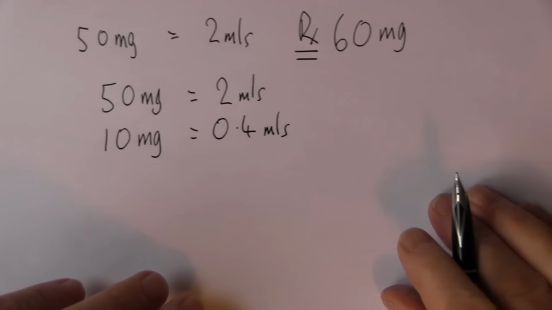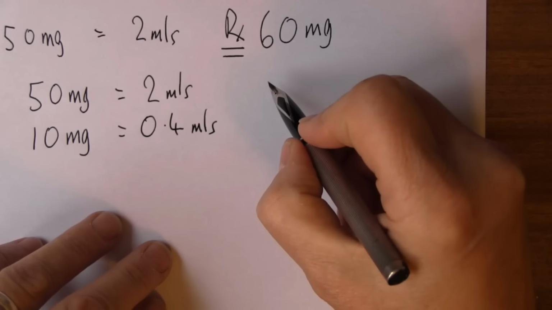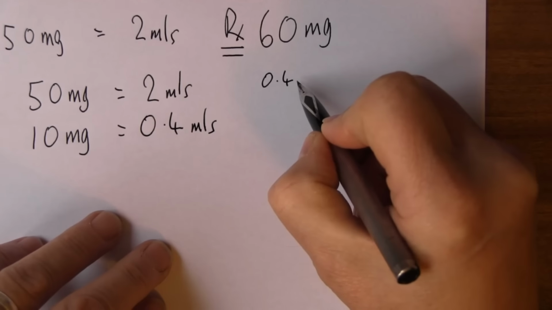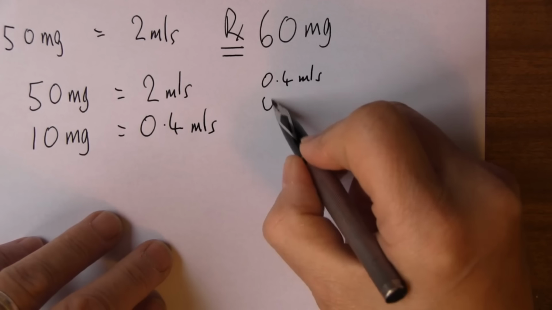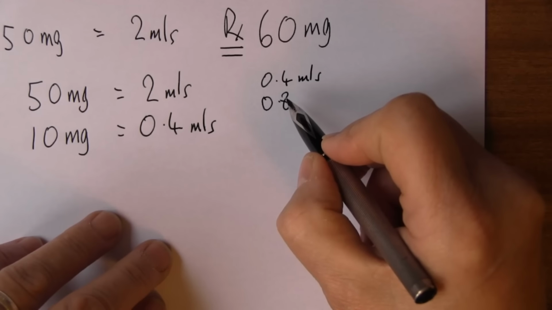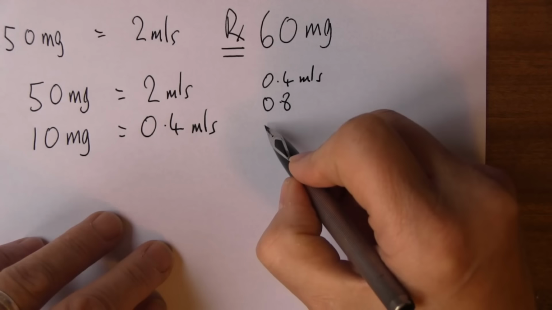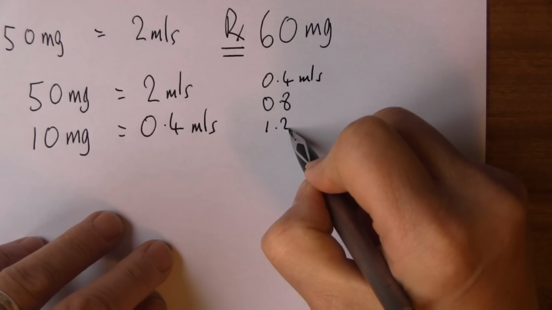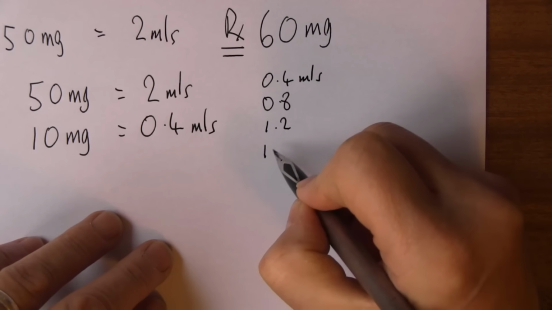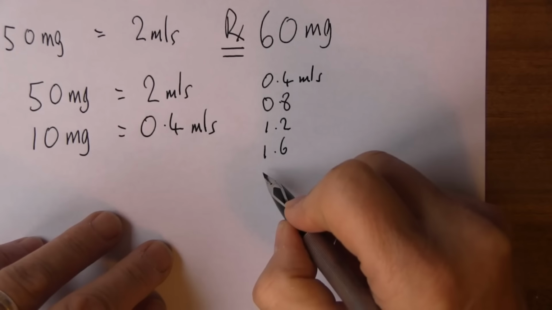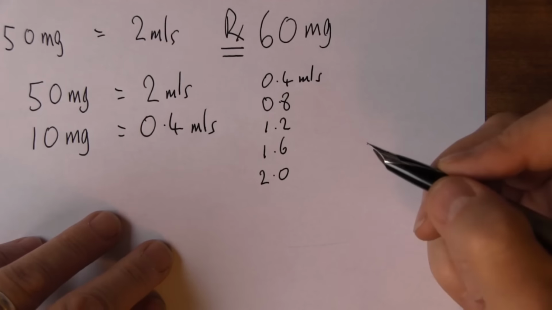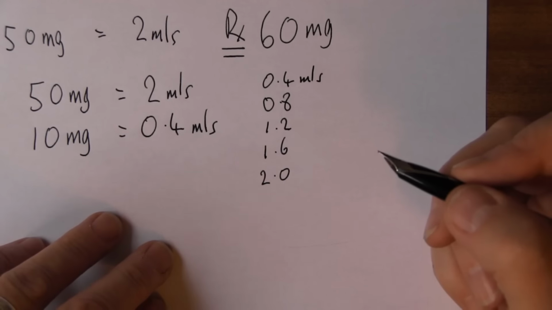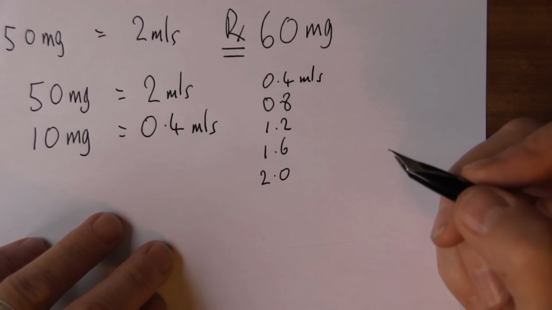Now if you can't quite see that, just think of it like this. There's 0.4 mils, then double that and you get 0.8, then times that by 3 you get 1.2, then by 4 you get 1.6, then by 5 you get 2.0. This is how simply I try and keep it, because as I say, I'm not a mathematician.